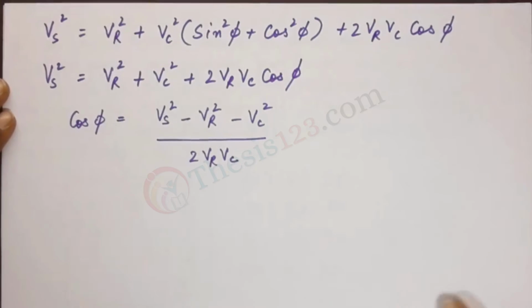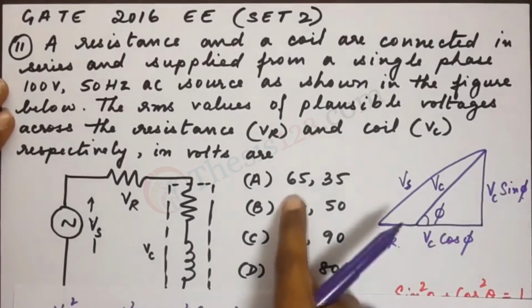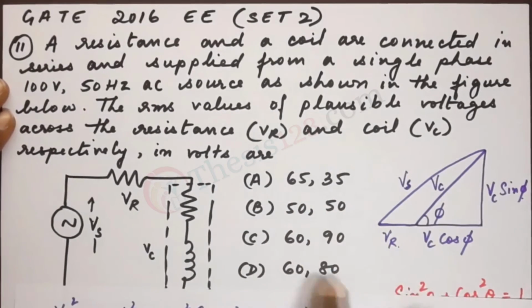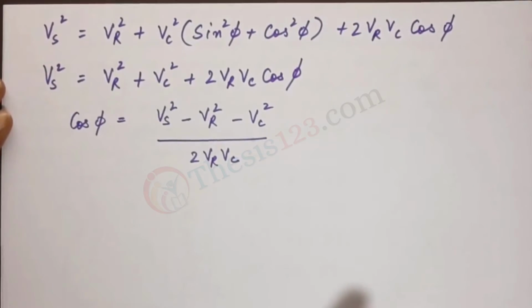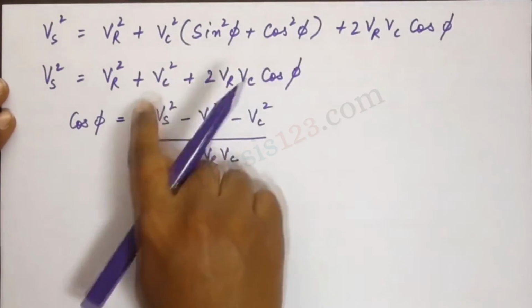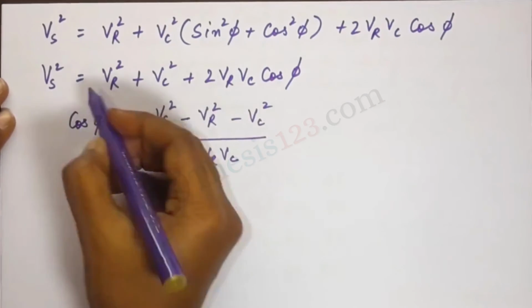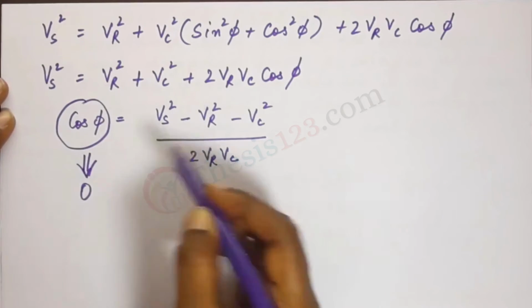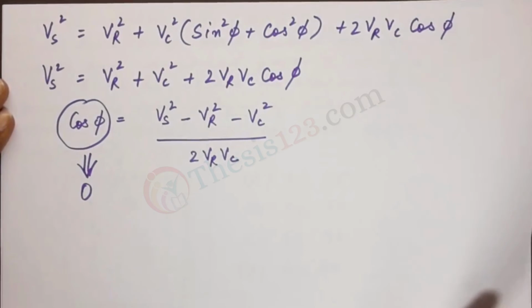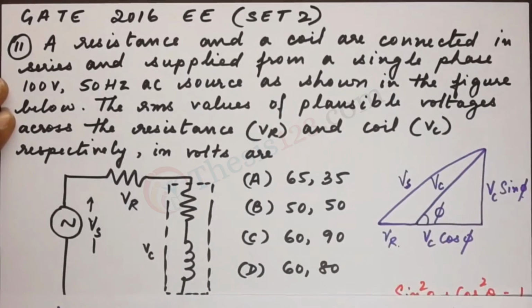So if we check the values that have been given to us, 65, 35; 50, 50; 60, 90; 60, 80. Basically we are supposed to find out for what values of VR and VC we would get cos phi as 0. So we have to check for each of these values. That's our aim.